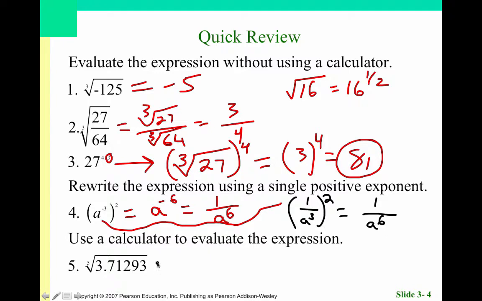If you use your calculator to do this, there's a spot to do the 5th root. You can find that under Math, and then it's down to the 5th one where it says x root, and you can put in a 5, so you can do the 5th root of this number here.